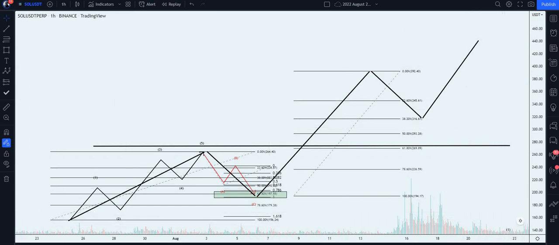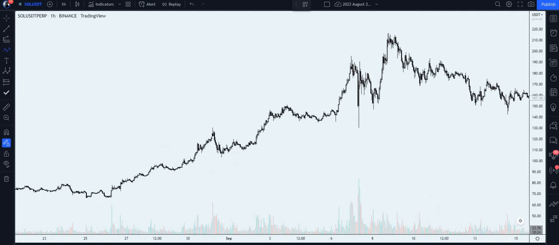Okay, let's get into a real scenario. Okay, we got Solana USDT here. Can you see it? Where's our 5 major wave structure here? It's from the bottom of this move to the top, right? Well, it's right here. We got wave 1, wave 2, wave 3, wave 4, and wave 5.